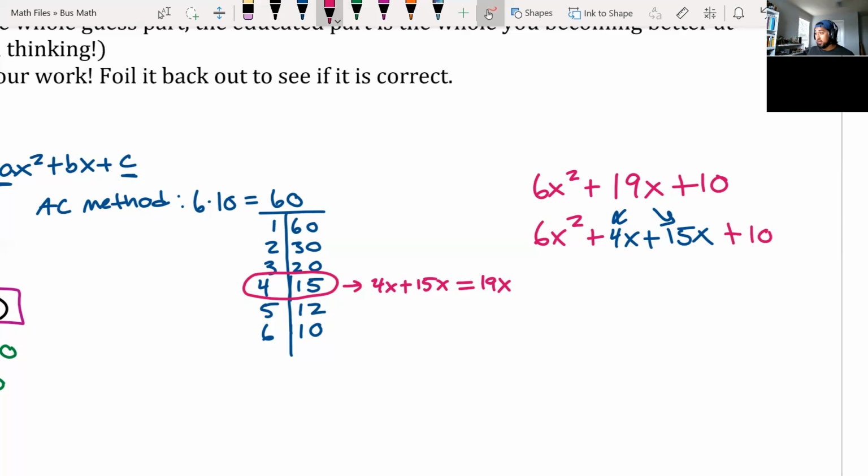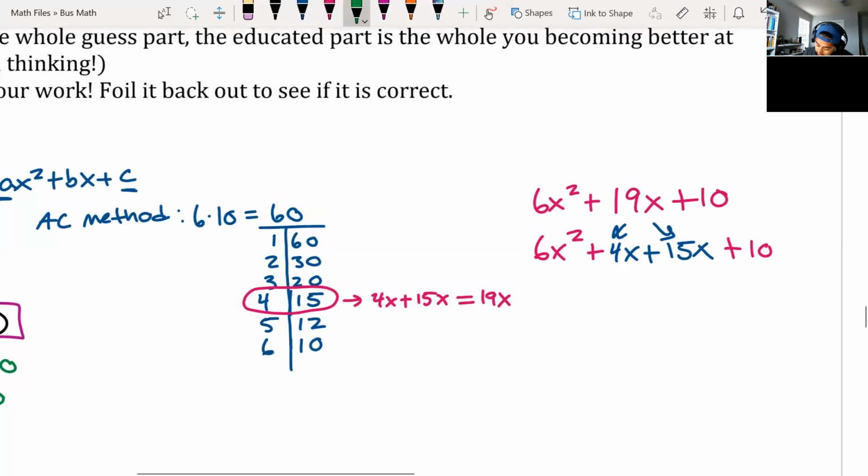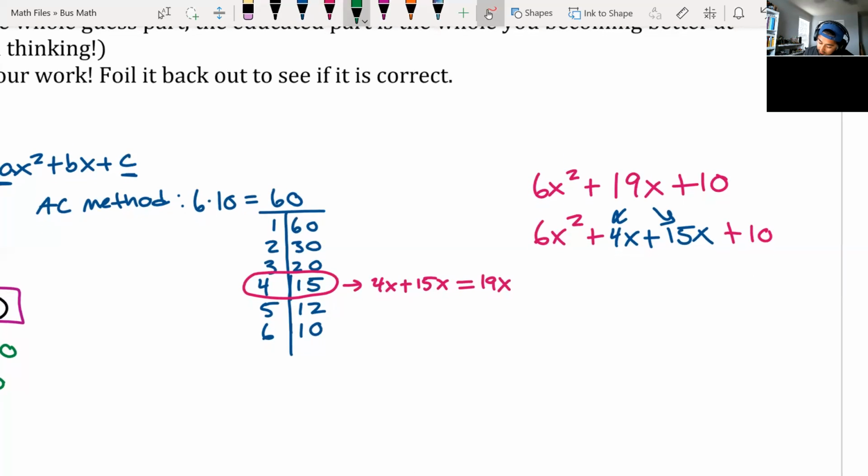And what the AC method does is it turns the trinomial into a 4-term polynomial, which we know can be factored by what method? How do you factor a 4-term polynomial? Grouping. Good.